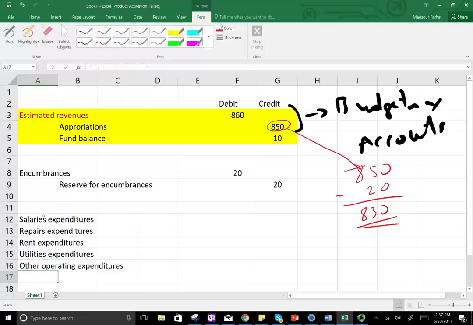Now those are all debits. They are expenditures, not expenses, because we use modified accounting.